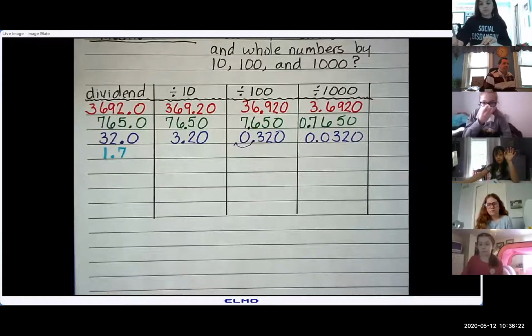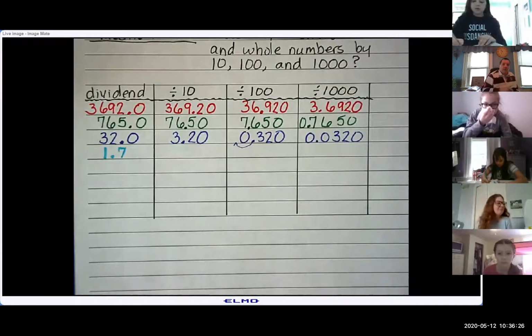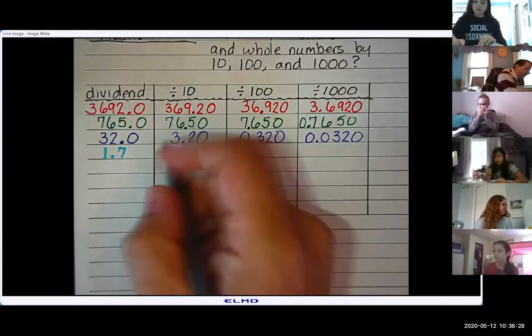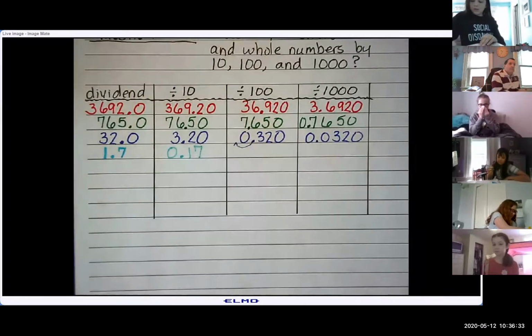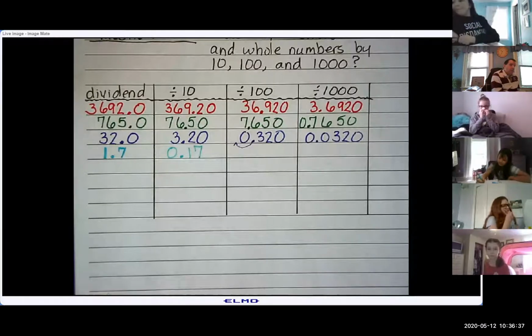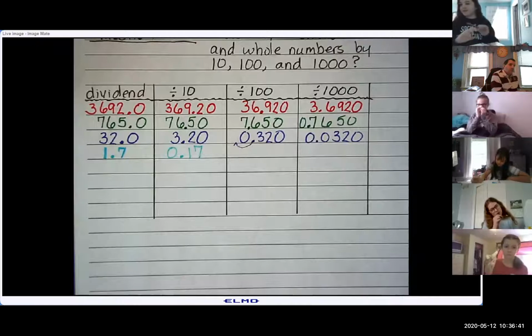Grant, talk to me. 0 and 17 hundredths. Perfect. Keep going. 0 and 170,000?